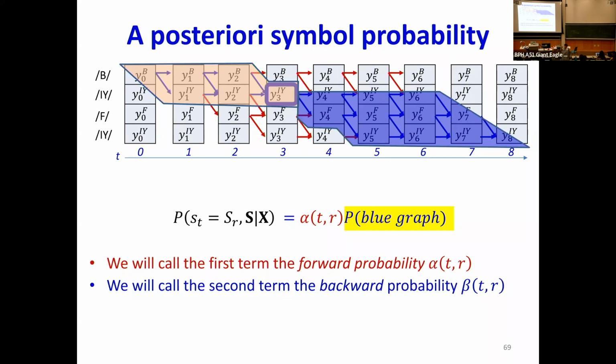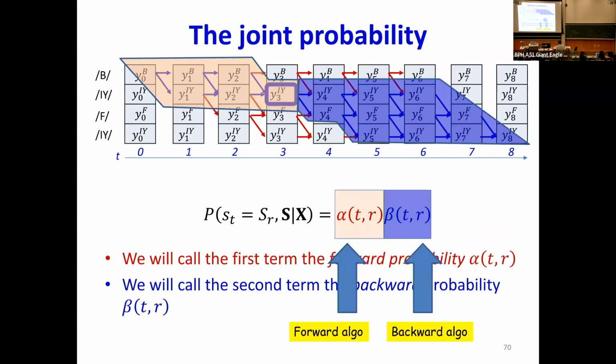So now we know how to compute the probability of the blue subgraph. And so the total probability of all paths that align the tth input to the rth symbol is going to be alpha tr times beta tr, right? But this is the joint probability of the symbol sequence and the alignment, right?